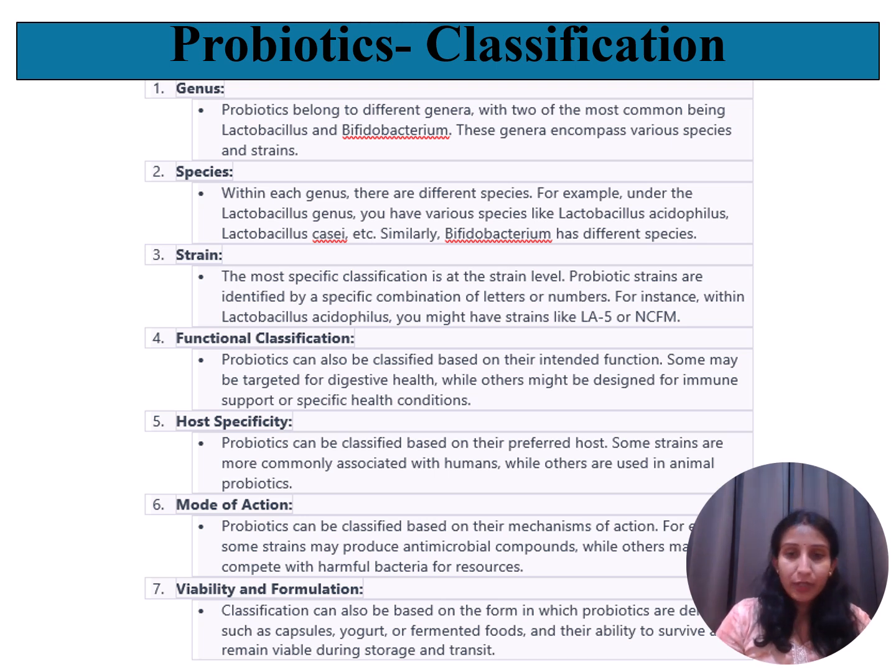The next classification is done on strain. The most specific classification is at the strain level, not at the genus level, not at the species level, but at the strain level. Why? Because the health benefits that a particular probiotic microorganism will offer are strain dictated. That is why the most crucial classification is the strain level classification. Probiotic strains are identified by a specific combination of letters or numbers.